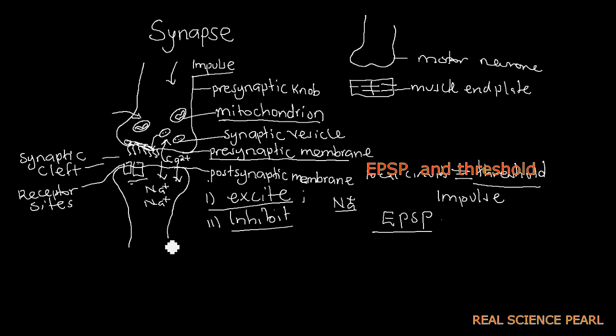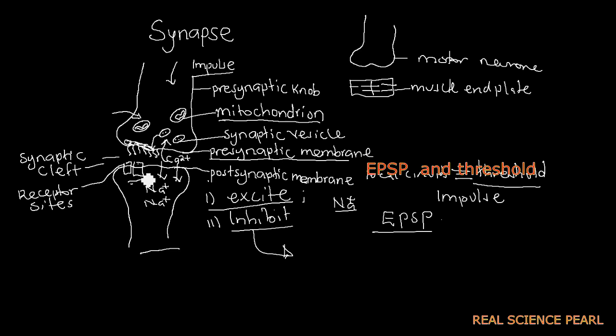Then the inhibitory synapse works by inhibiting the flow of information, that is the impulse, in the postsynaptic membrane. When the neurotransmitter substance attaches itself here, it changes the configuration and opens the potassium gates and the chloride gates.